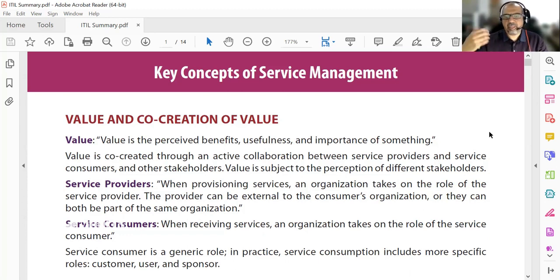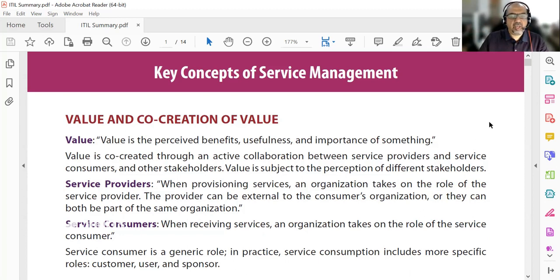Services, for example, like printers, printing services, email service, internet access, many services we provide in our IT environment. So when we improve these services, the value expected and enabled also will be maximized.